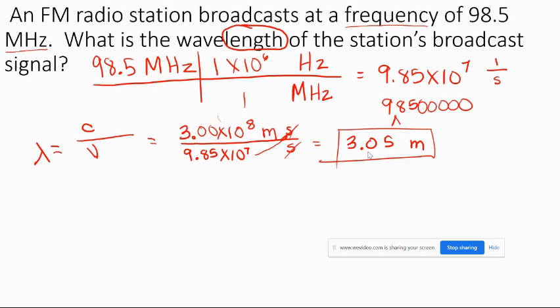I multiplied that by 1 times 10 to the 6. I would go back to decimal: 1, 2, 3, 4, 5, 6, 7.